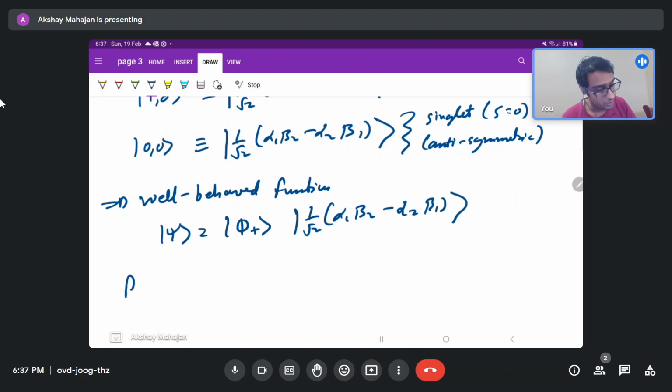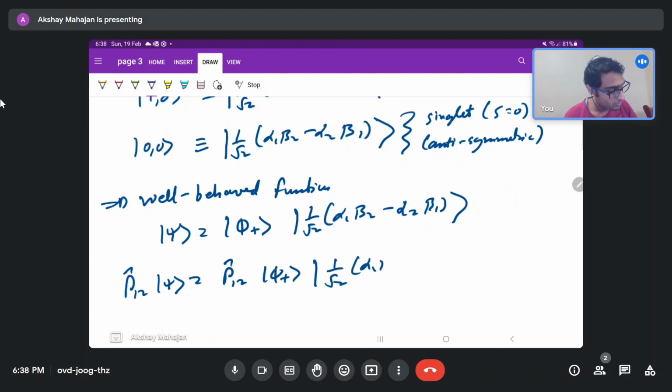Now if I apply this P12, which is our exchange operator, it will operate on phi plus and 1 by root 2 (alpha 1 beta 2 minus alpha 2 beta 1).